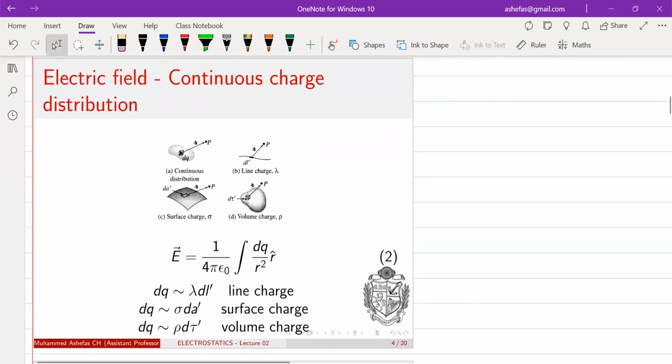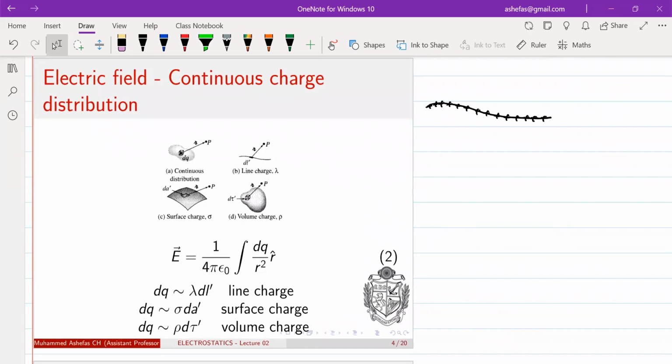Now, if you consider a line charge, we can start with a simple example. Consider a line charge distribution. Suppose the charge is tightly packed along this line, maybe some curved line.